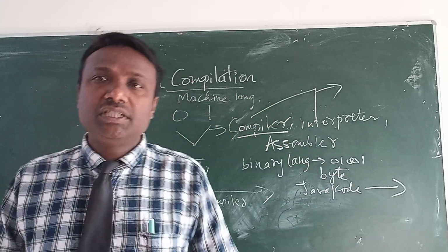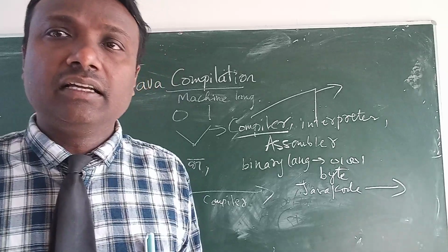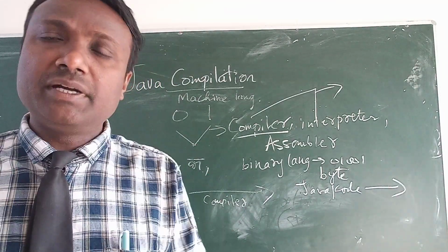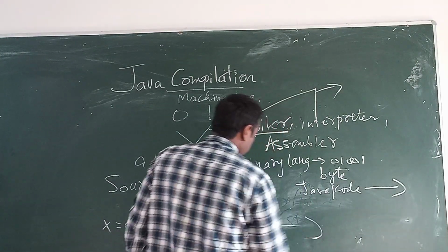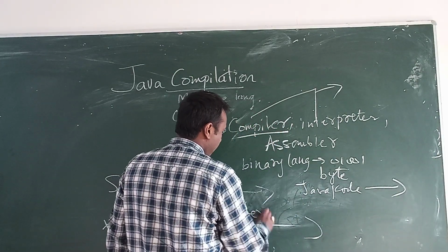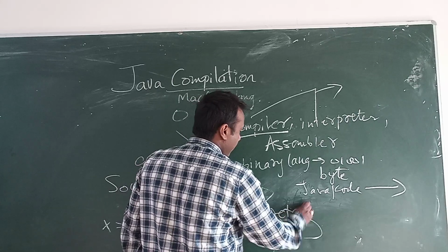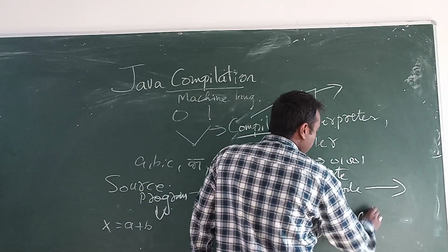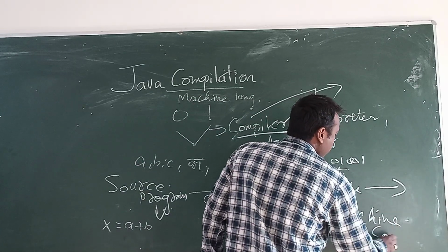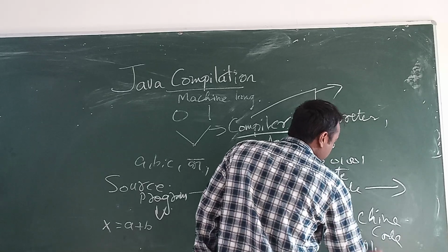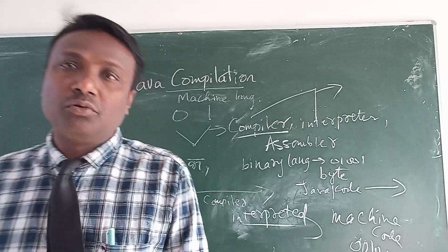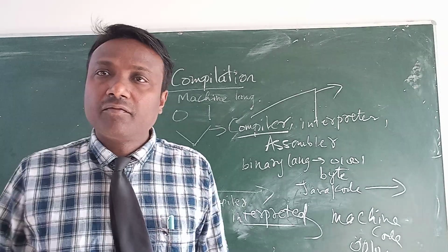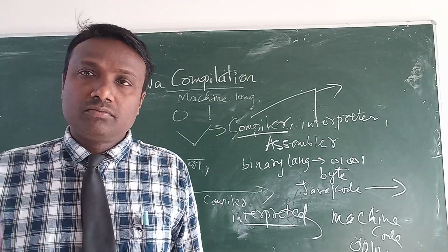The compiler produces Java bytecode, and after that the Java bytecode is interpreted into machine code. Ultimately, all languages need to be converted into machine code.